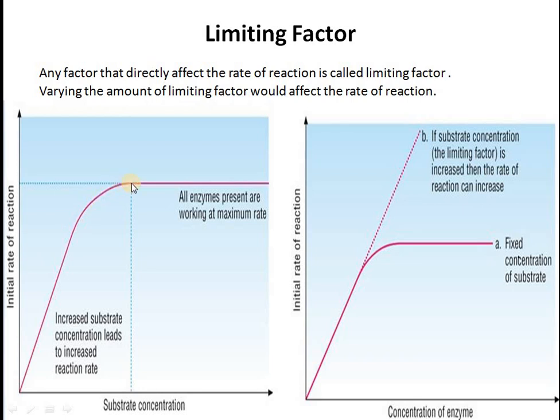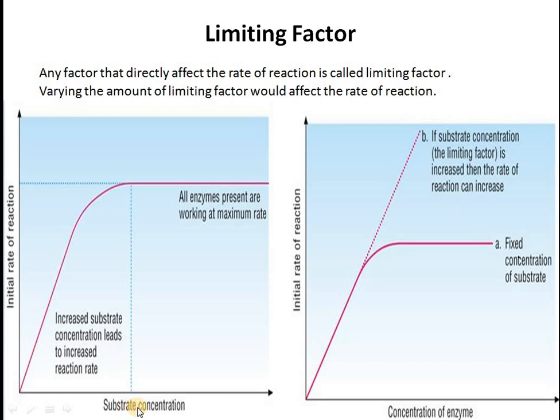But here you see that the rate of reaction has gone constant. It's going constant from here because the enzyme was limited in amount, and all the active sites of the enzymes are occupied till this point.